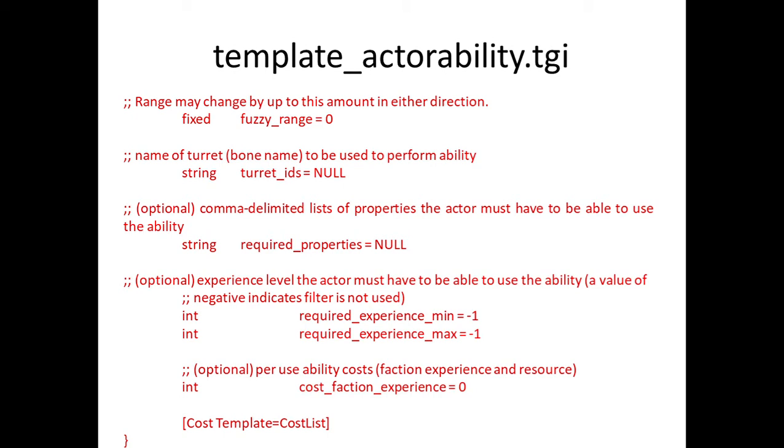A unit that's been given a range of 14 by fuzzy range is not going to randomly change back to 12 or randomly change to 10 while that unit is alive. It will always be 14. So that limits the usefulness of this value somewhat.